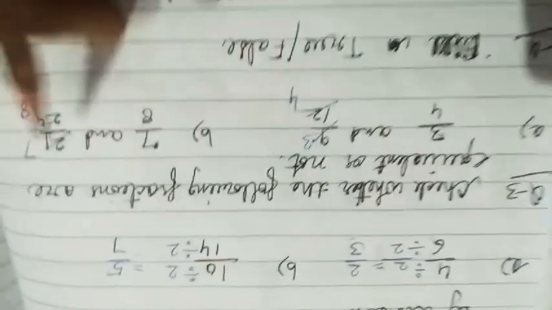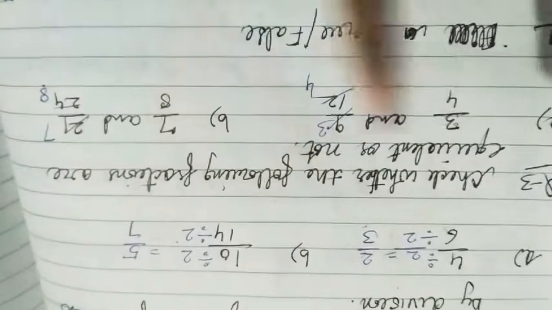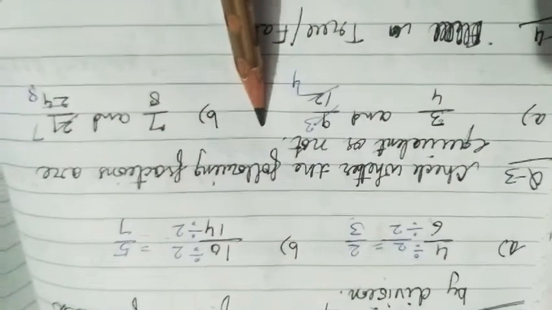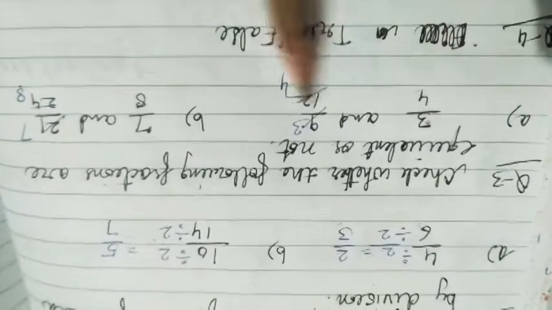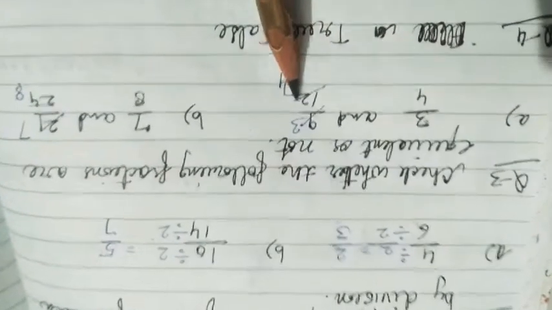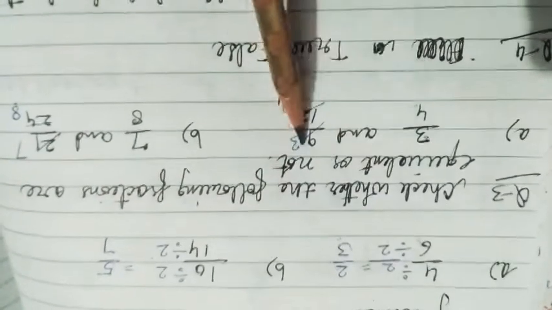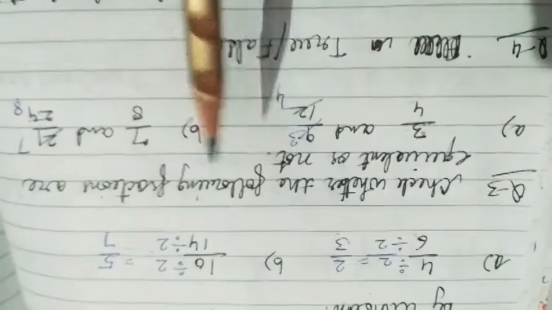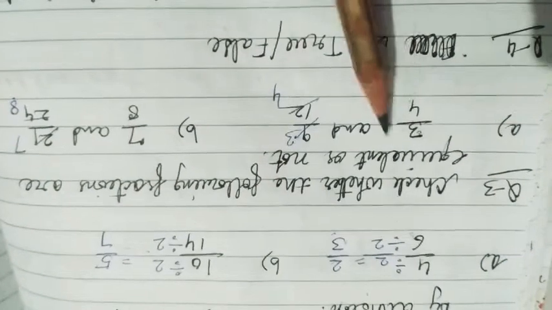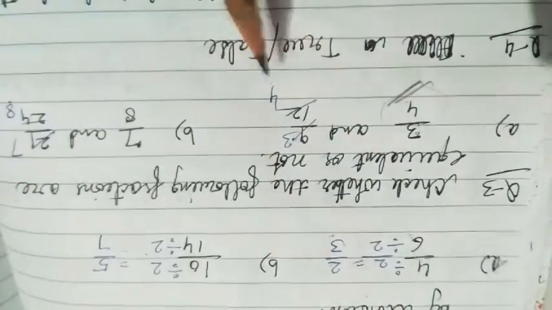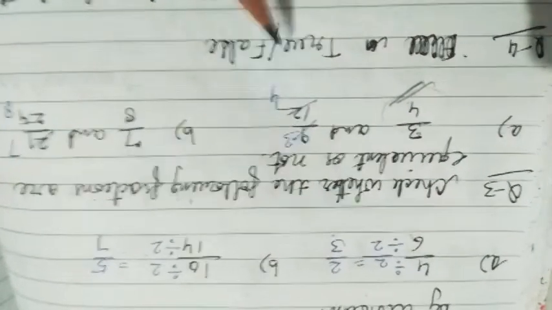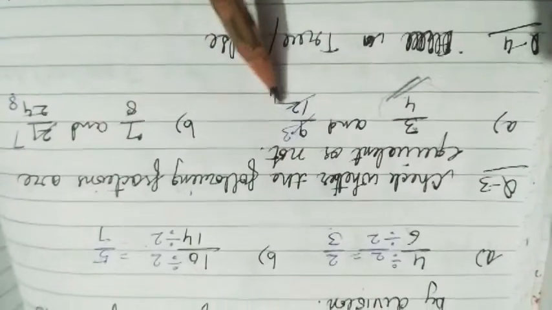The third question is that you have to check whether the following fractions are equivalent or not. Means two fractions are given to you and you have to check whether these are equivalent fractions or not. What are equivalent fractions? Different numerator, different denominator, but having the same value. You know that 3 by 4 is in the lowest form already. You cannot cut further. But 9 by 12 you can cut. Means you can reduce it to the lower form.